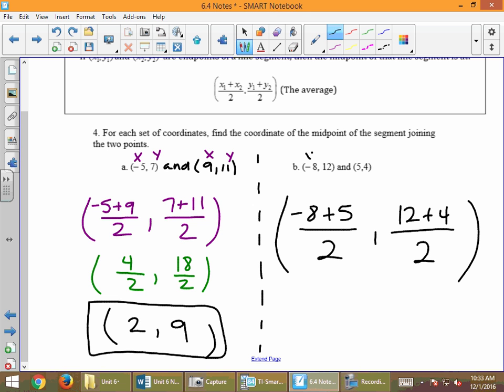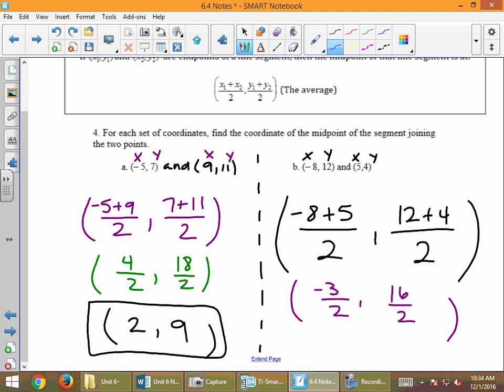And again, if it helps, label. I know this is x, that's y, this is an x, and that is y. It does not matter which one's your x1, which one's your x2. You're just adding x's. Doesn't matter the order. Add your x's, divide by 2. Add your y's, divide by 2. Just know that pattern. What is negative 8 plus 5? And what is 12 plus 4?